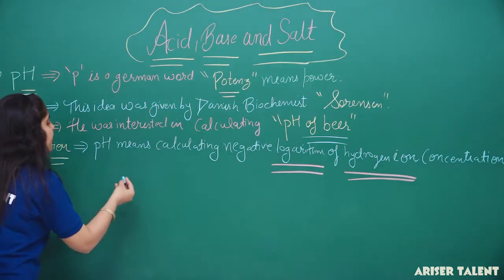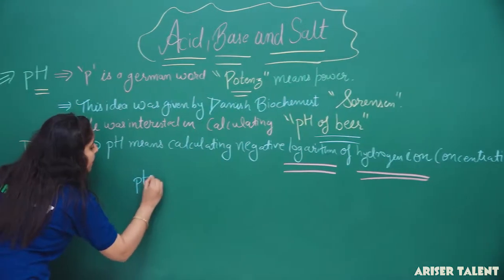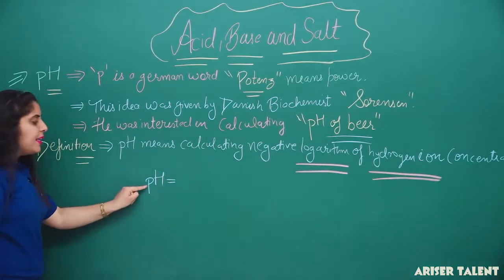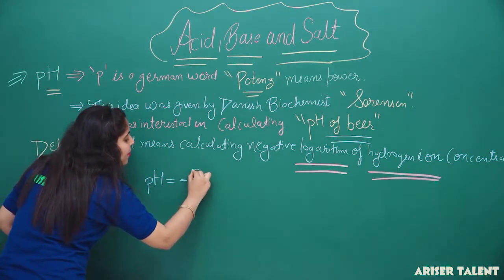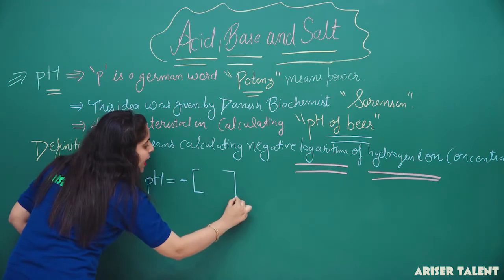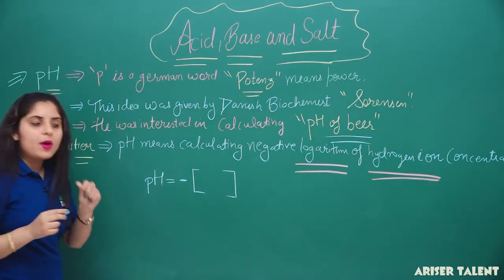So in simpler terms, we can write pH as small p, capital H, equals negative log, and we enclose the hydrogen ion concentration in square brackets.